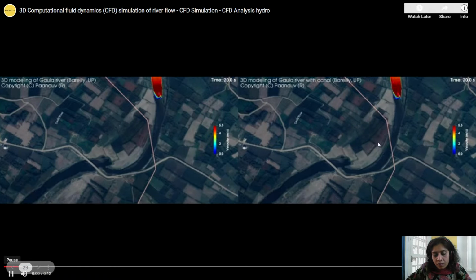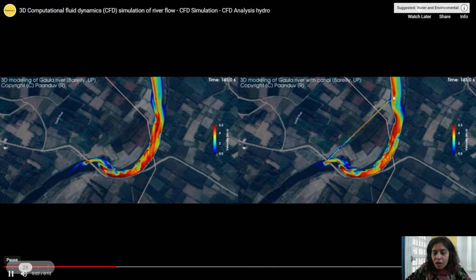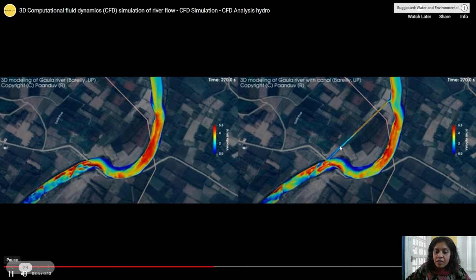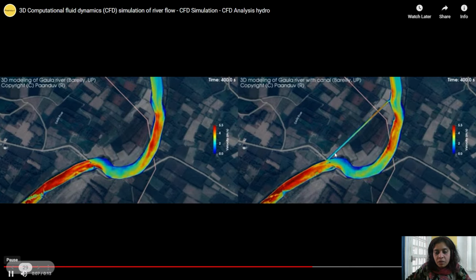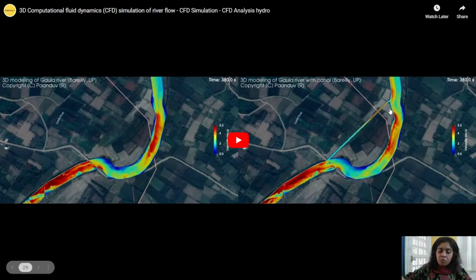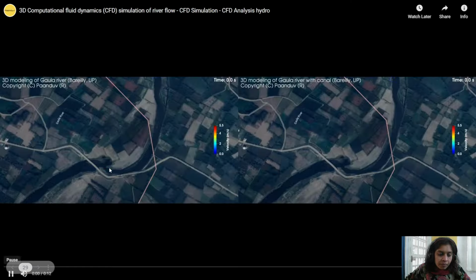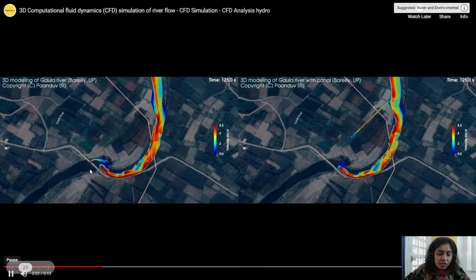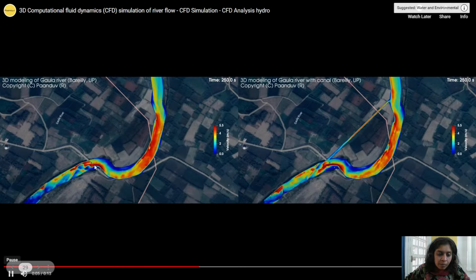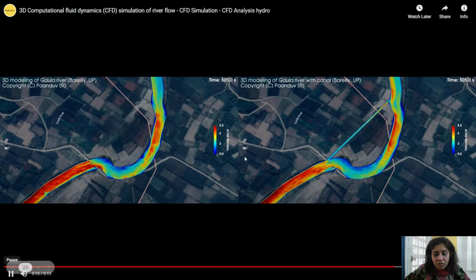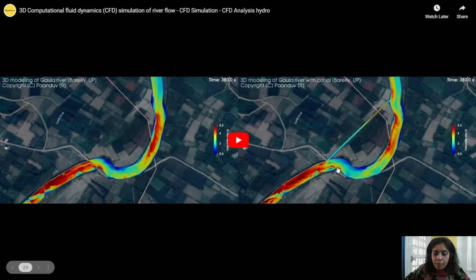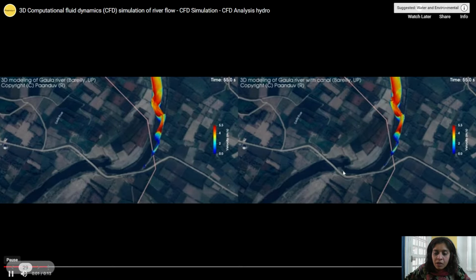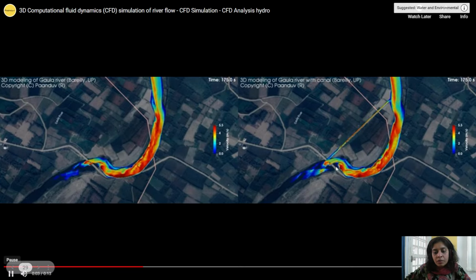Now there was a channel created in the original path of the river, through which it is expected that it will eventually change its path to the original path. So through which you can see that in nearby regions to the bridge, the velocities are quite high in this particular region, but when the channeling started happening, the high velocity regions could be controlled in this manner.